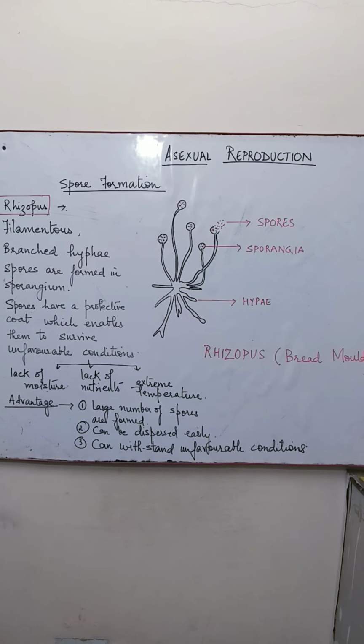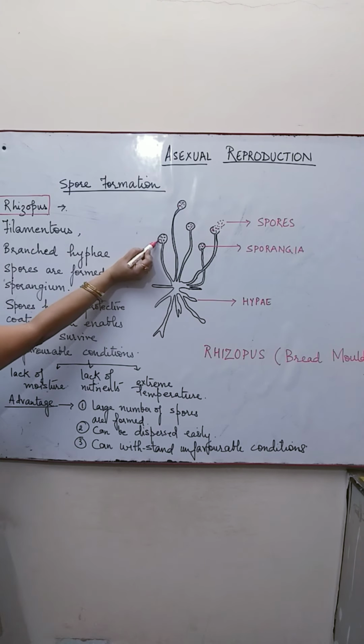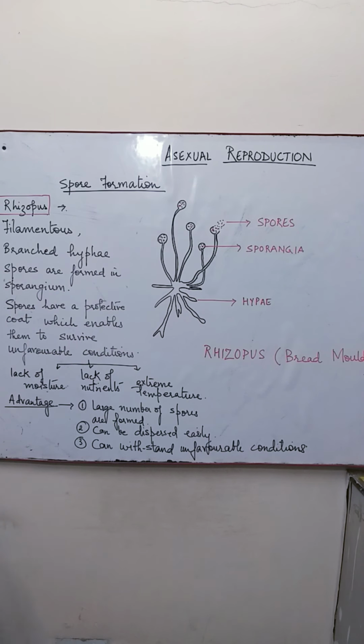Now the spores have a protective coat. This is the outermost coat, which is protective in nature, and this enables the rhizopus or the fungi to survive during unfavorable conditions. Now what is meant by unfavorable conditions? Unfavorable conditions are those conditions which are extreme and which do not allow the organism to grow properly.